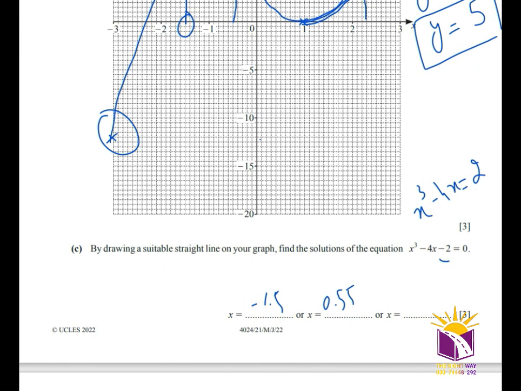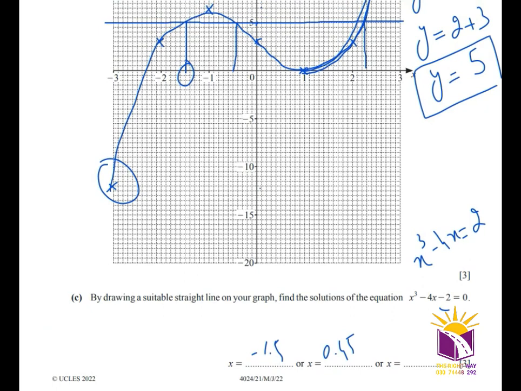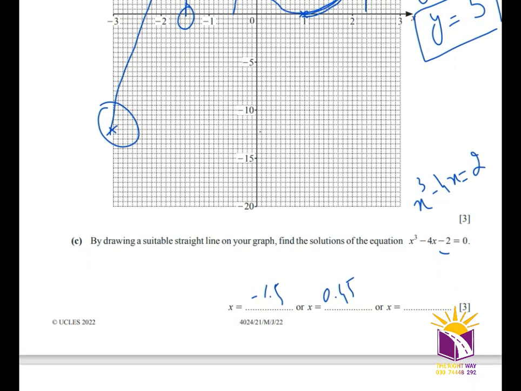No, it will be 0.45, not 0.55, and the last one will be approximately 2.25. So these are your answers.